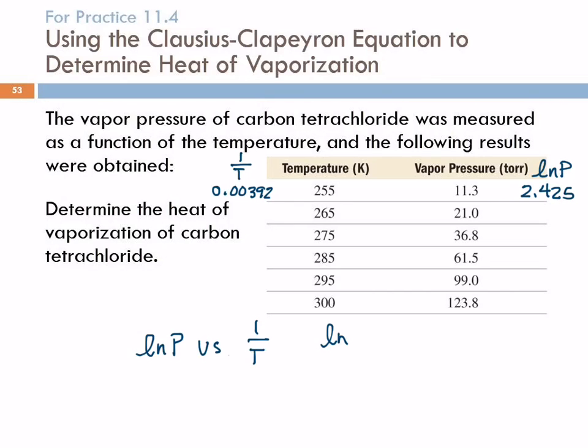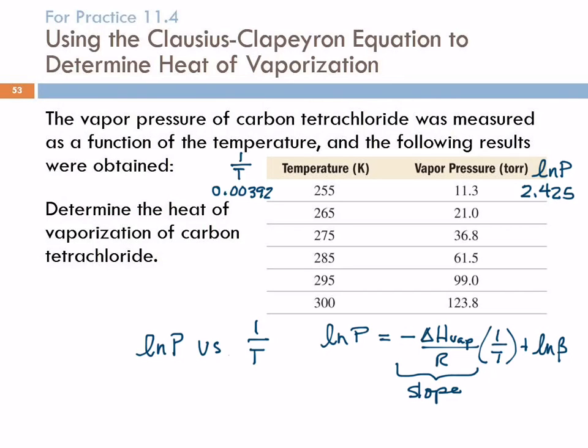The Clausius-Clapeyron equation tells us that the natural log of P is negative delta H over R times 1 over T plus the natural log of a constant. So this is the slope.